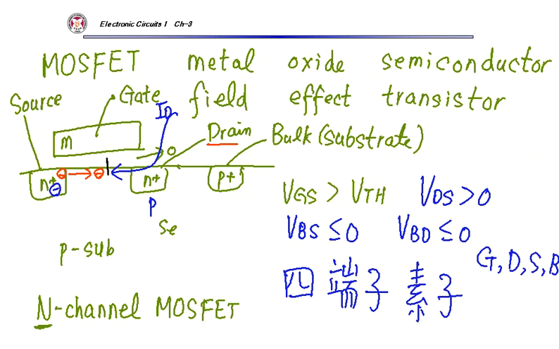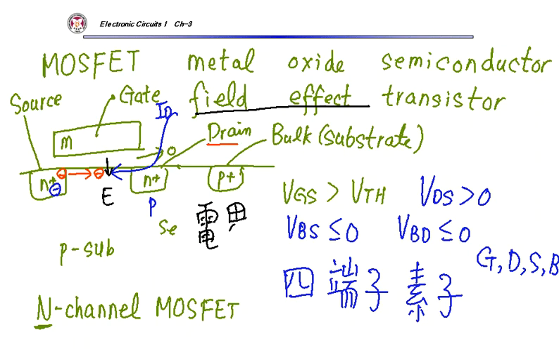Yeah, the vertical electric field controls the current flow. Vertical electric field controls the amount of free electrons in a channel and controls the amount of current flow. That's why I have a field effect.